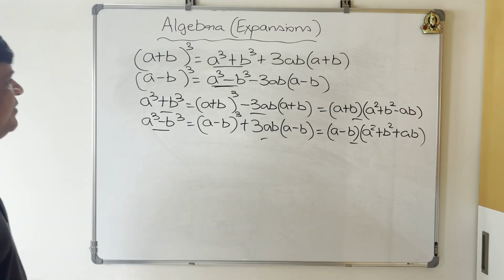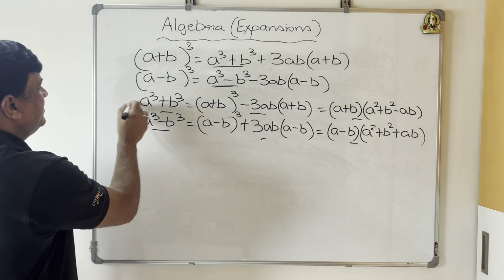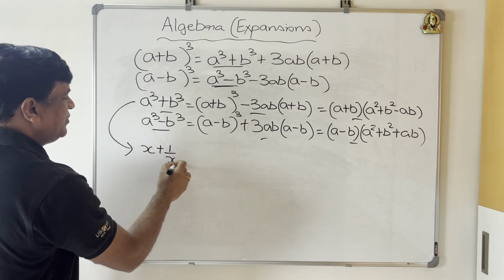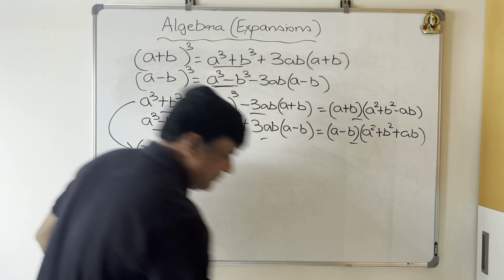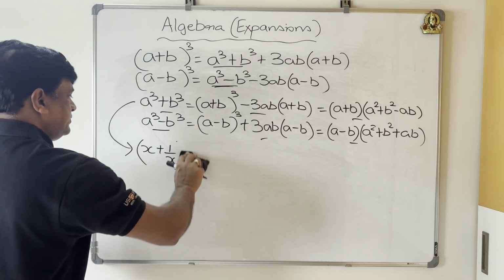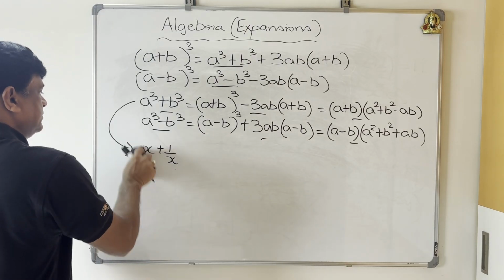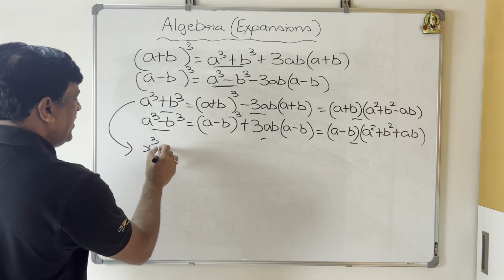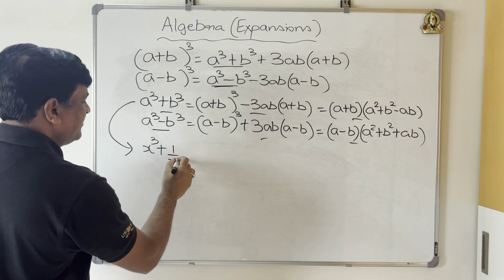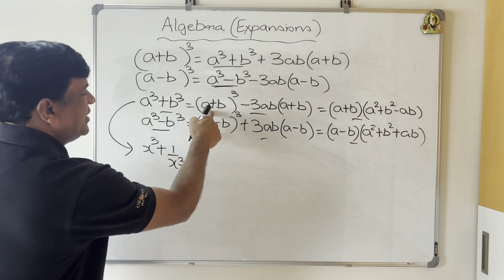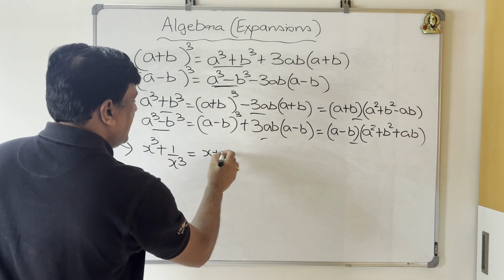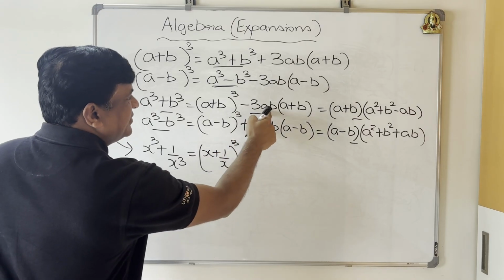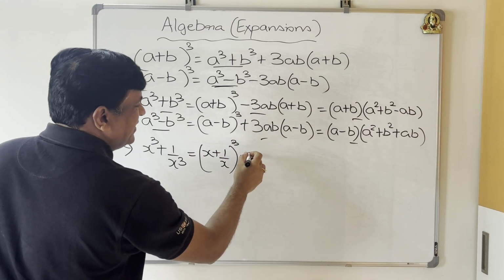Okay, so similarly, when you put a is equal to x and b is equal to 1 by x, sorry. So what do you get? You get x cube plus 1 by x cube will be equal to what? Here, it will be x plus 1 by x whole cube minus 3 times x into 1 by x, that cancels out.